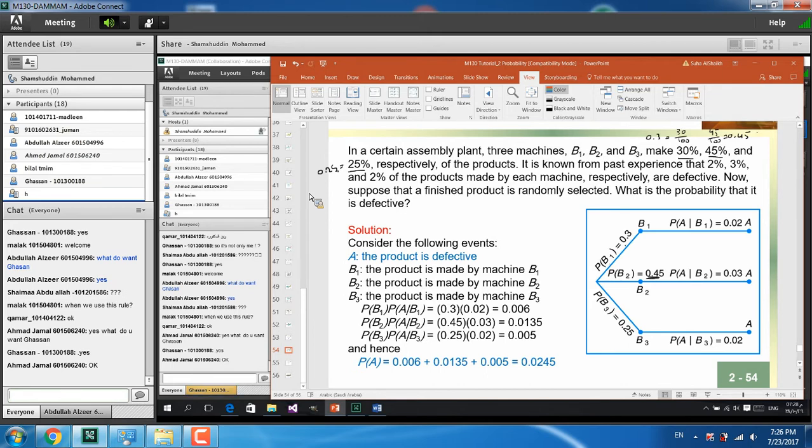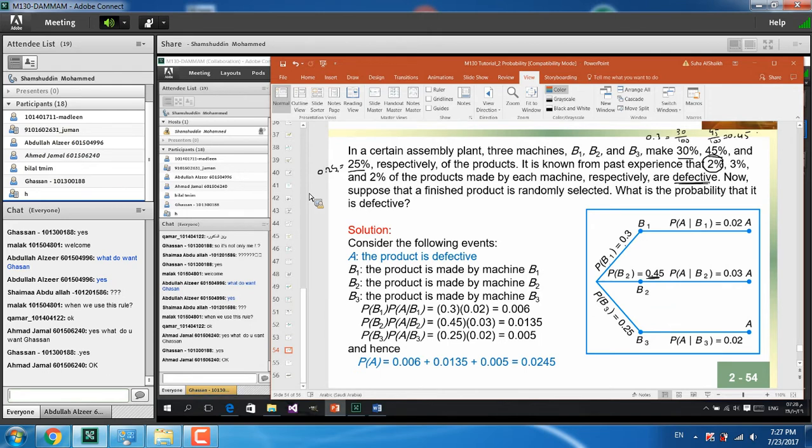The probability it's from machine 3 is 0.25. And it is known from past experience that 2%, meaning 0.02, 3%, 2% of products made by each machine are defective, meaning not good.